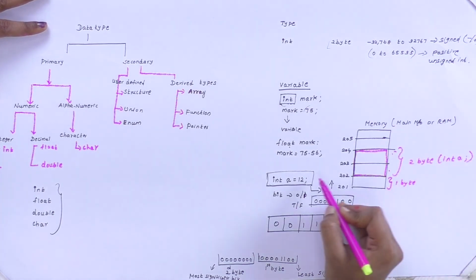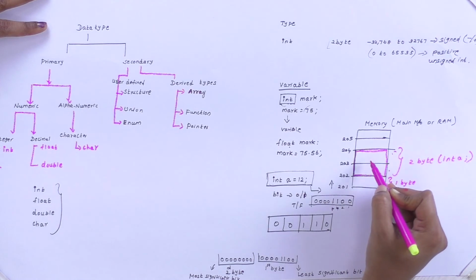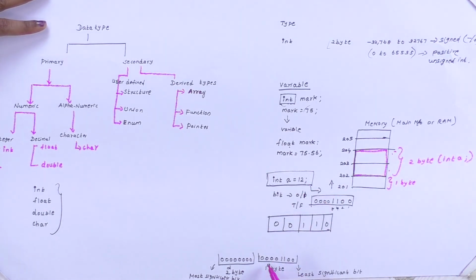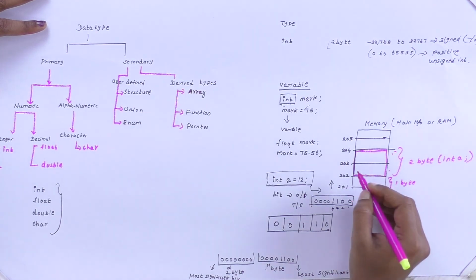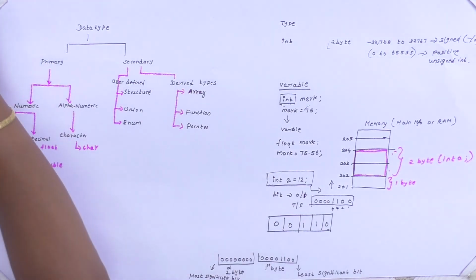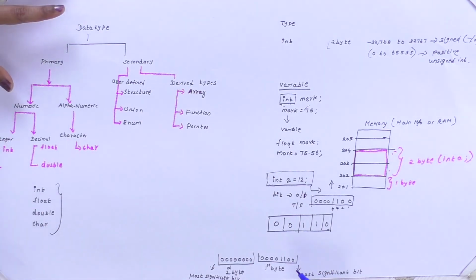So here the value 12 is going to be stored. What is the representation of this? 00001100 in the form of binary. So it will represent 12.